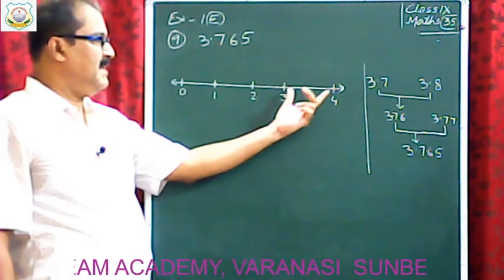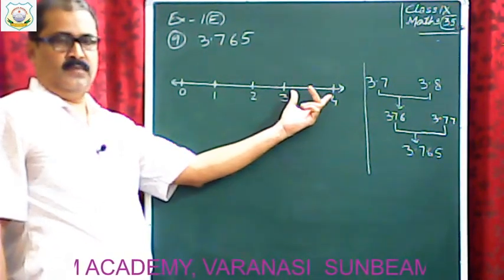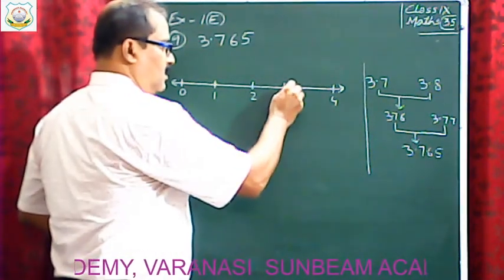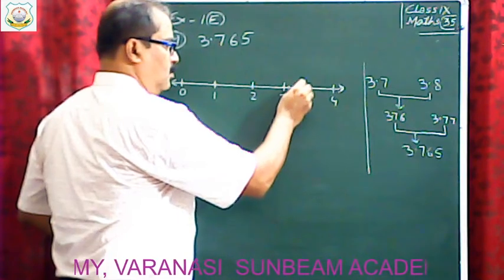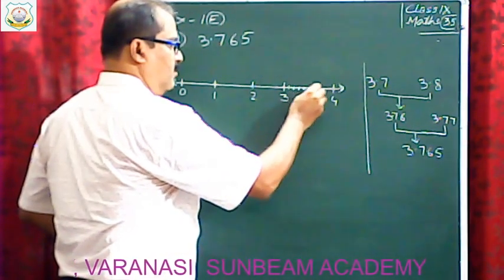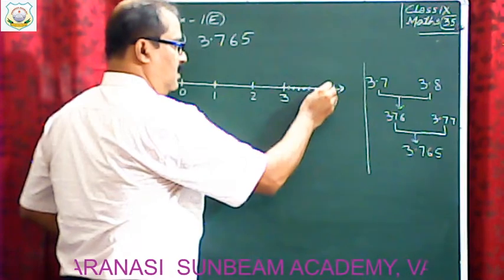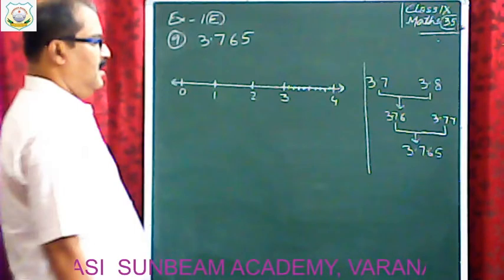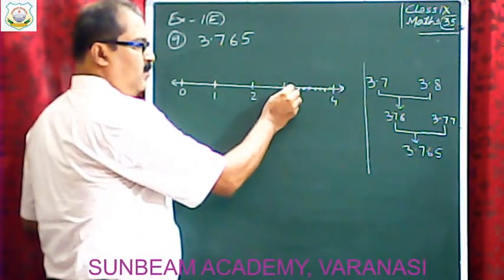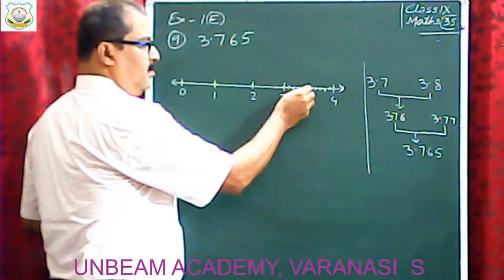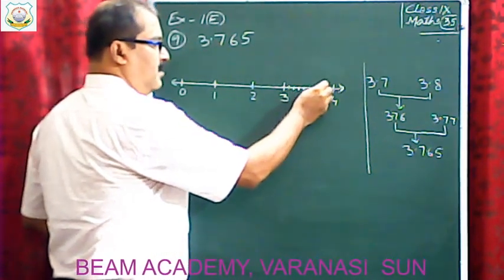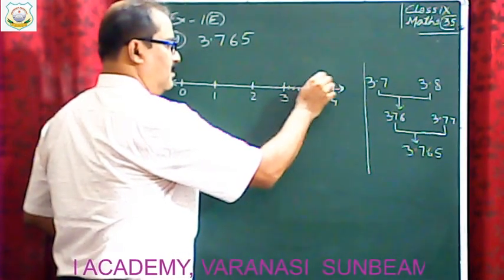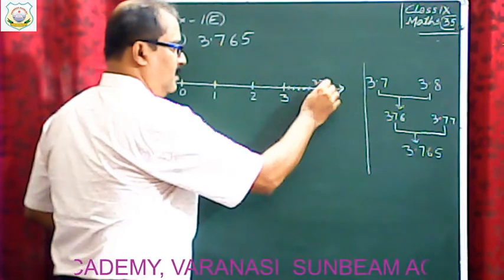We have to divide the line segment between 3 and 4 into 10 equal parts. Okay, 10 equal parts. 1, 2, 3, 4, 5, 6, 7, 8, 9. 9 dots means you get 10 equal parts. So first point is 3.1, thereafter 3.2, 3.3, 3.4, 3.5, 3.6, 3.7. It is 3.7. And thereafter we get 3.8.